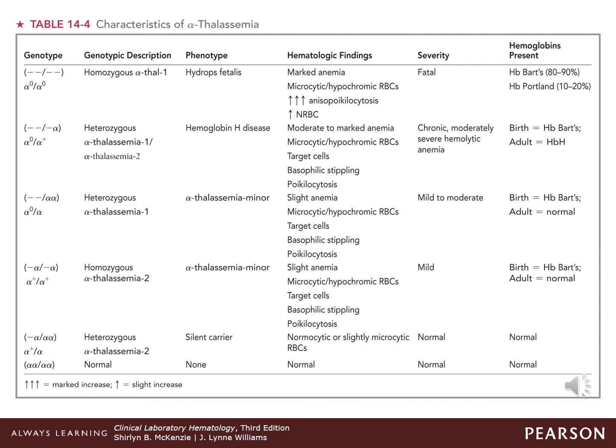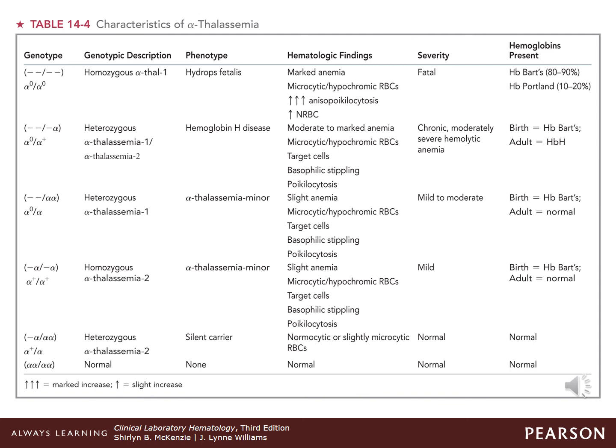The next one is a genotype with one parent not having any alpha chains and the second parent being normal with their alpha chains. So again, a heterozygous type of genotypic description, and this is considered alpha thal minor because the body's compensation to create some hemoglobin A will be present.